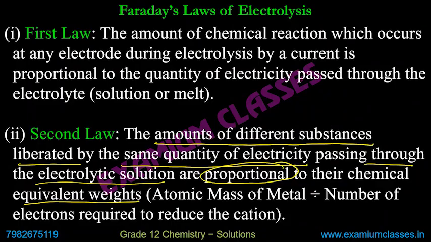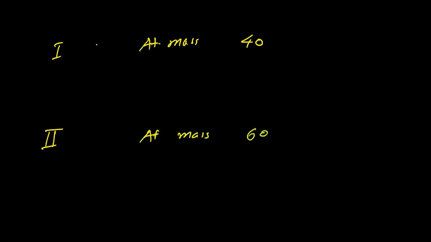The reason is that atomic mass divided by the electrons transferred gives you the equivalent weight. Try to understand: suppose I am talking about two cases. In the first case the atomic mass is say 40, and in the second case the atomic mass is 60.